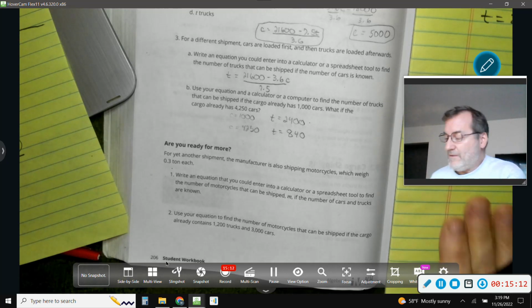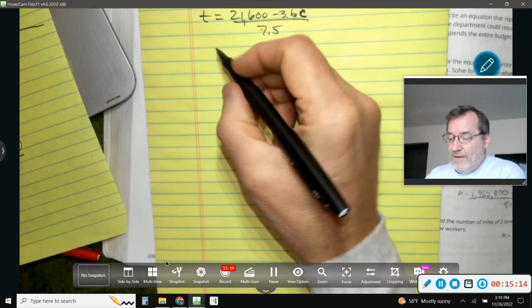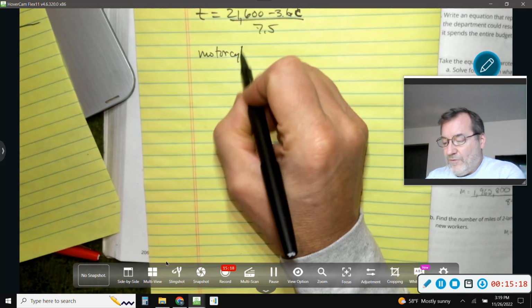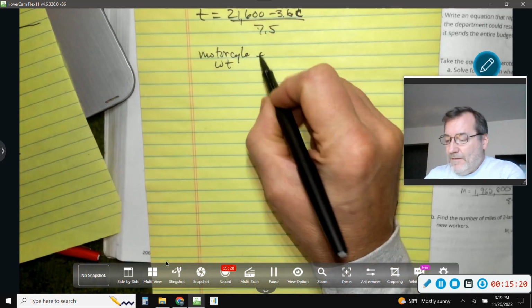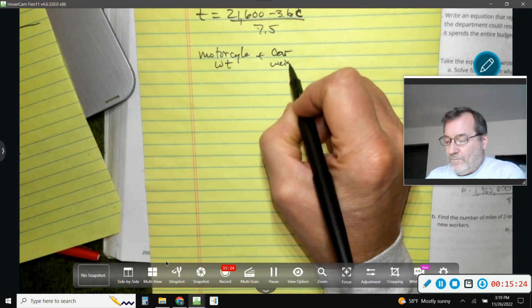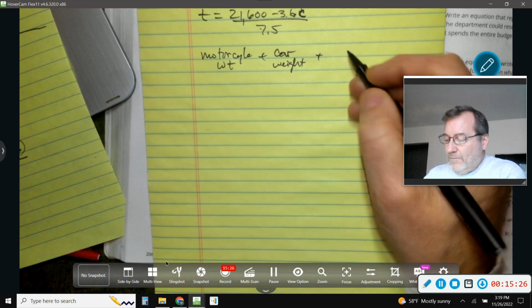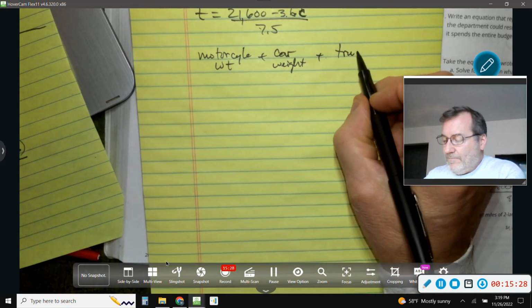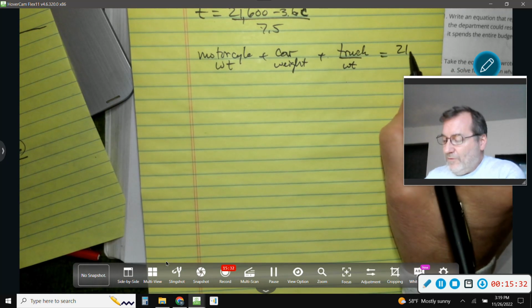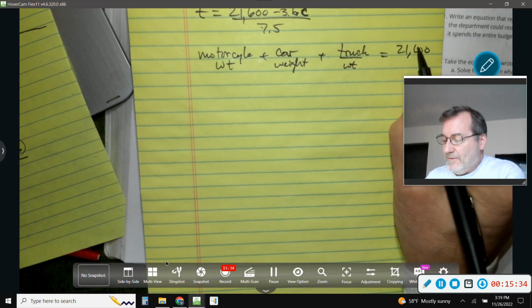Okay, it's kind of that same idea. So we have motorcycles, so motorcycle weight plus car weight plus the truck weight, and that has to equal 21,600 tons.